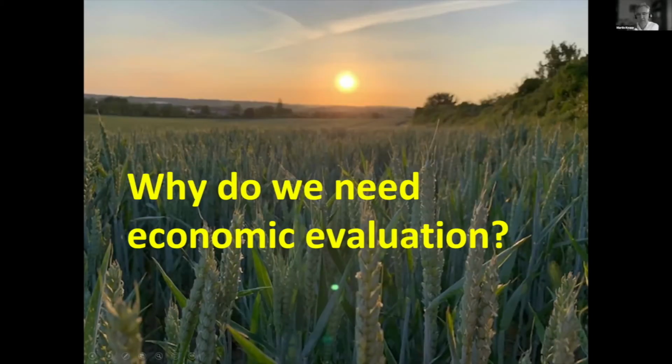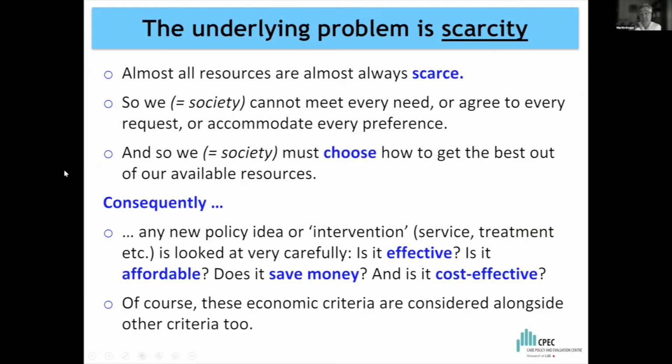So why do we need an economic evaluation? The underlying problem, just to state the blindingly obvious, is scarcity. We don't have enough resources. That's either us as individuals, or us as providers of services, or us as commissioners, or us as a government, whatever. We don't have enough resources. And so we need to choose how we're going to use those available resources.